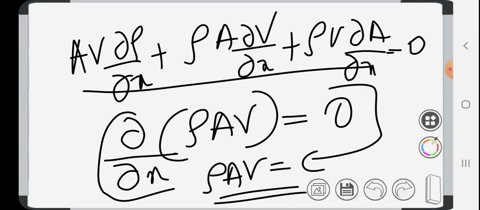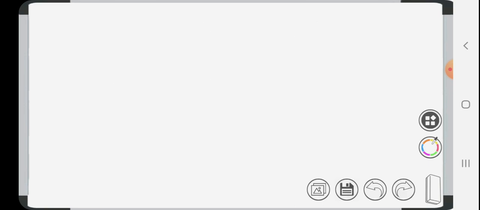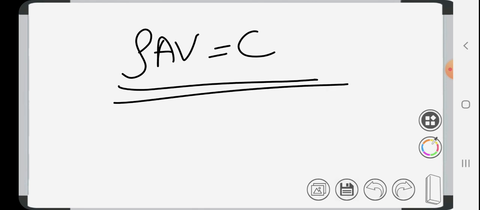So the final equation is rho A v equal to constant. This is the one dimensional continuity equation. This is nothing but m dot itself. M dot is constant for steady state one dimensional flow.